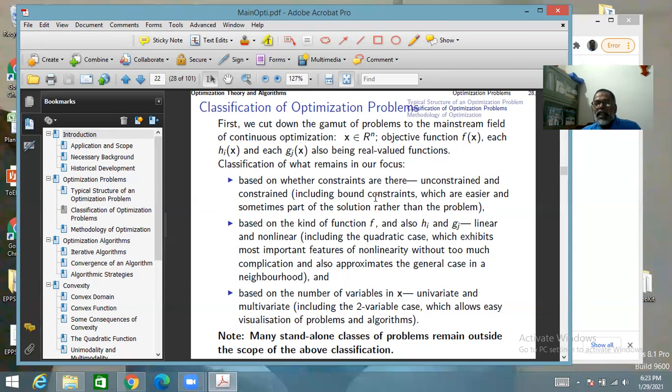Such bound constraints are easier to handle, and sometimes they come not necessarily with the problem, but as part of the solution methodology. Because even if there are no constraints in the original problem, sometimes at the start of your solution process, you need to define, or you prefer to define, a region of interest.